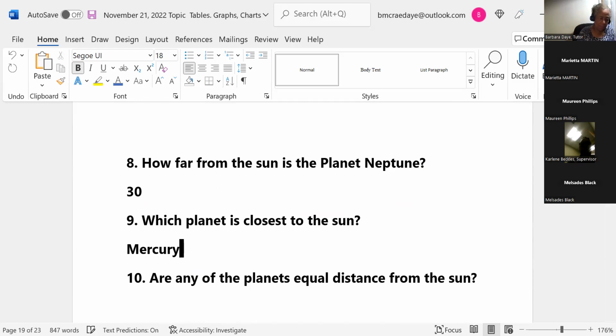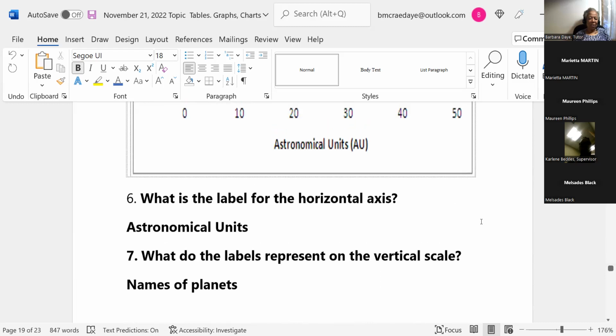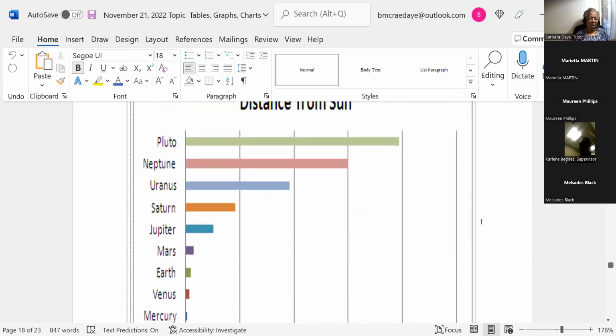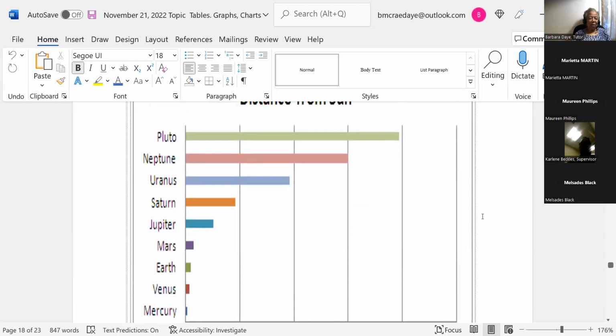Now I ask another question. Are any of the planets equal distance from the sun? Let's go back up to the graph, and that's a yes or a no. Are any of them equal distance from the sun? Maureen, you see any equal?